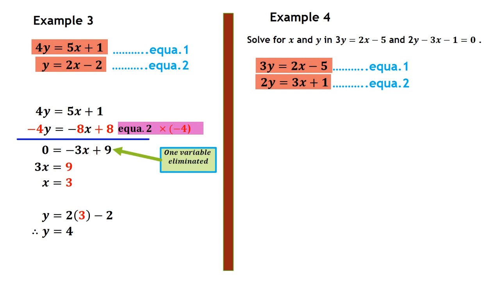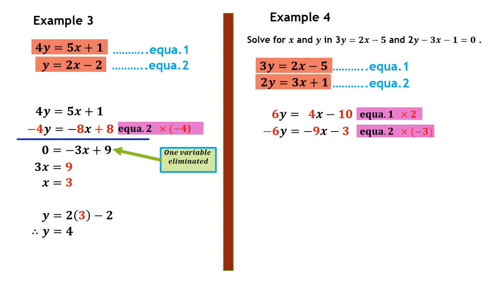So I've multiplied equation 1 by 2 so that the 3y ends up being 6y. But then I must multiply all the terms. That's why I've got 4x minus 10. I go to the second equation and multiply that by -3 so that the 2y ends up being -6y.